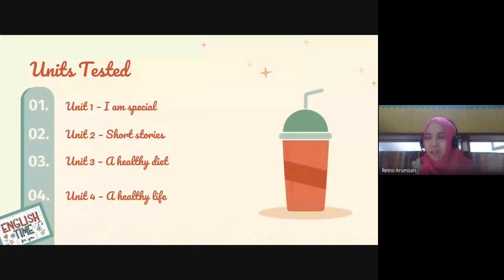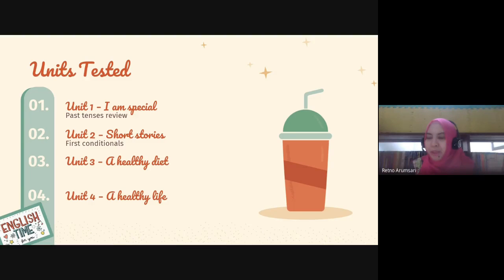Okay, unit 1. What is unit 1 about? Unit 1 is about past tenses review. What are they? Past simple, past continuous, and present perfect. And unit 2 is about the first conditionals. If I stay up here, I will be safe.